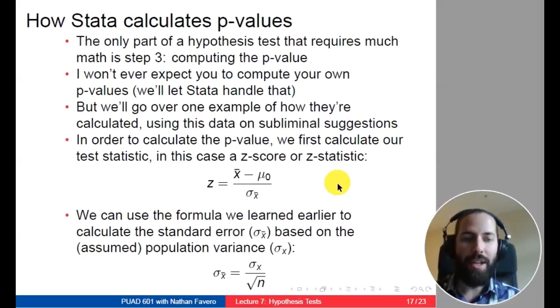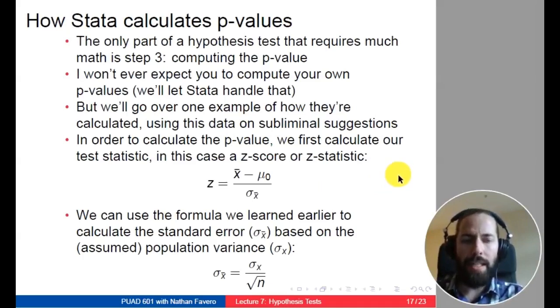And so we're often going to use a t-test using the t-distribution instead of a z-test. And we talked about why we would use a t-test instead of a z-test, or a t-distribution instead of a normal distribution, in lecture 6. So the same logic applies here, but for the sake of simplicity, we're going to demonstrate how to calculate the p-value when we assume that there is a normal distribution and that we do know the standard deviation ahead of time.